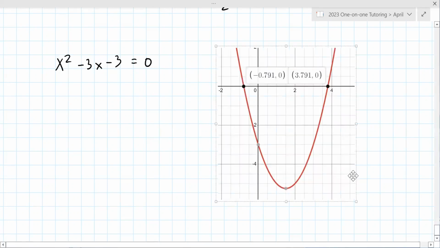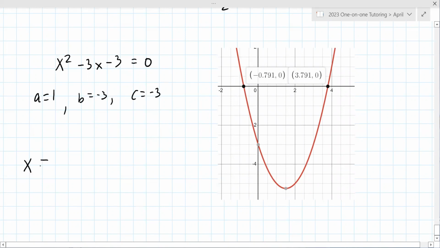If we graph this real quick, you see that the answers are not nice at all either. I know you wouldn't have a graph, but that's always kind of the thing to look at here. So that leads you to ask, how can I find the answer? Well, the quadratic formula always works. A is 1, B is -3, and C is -3.